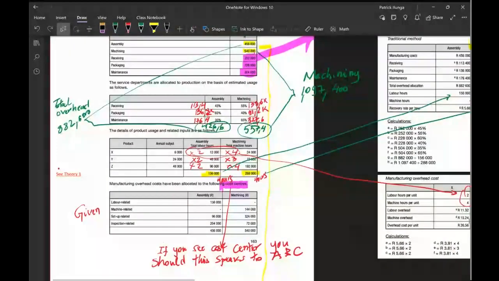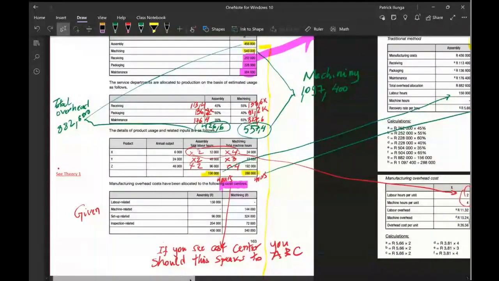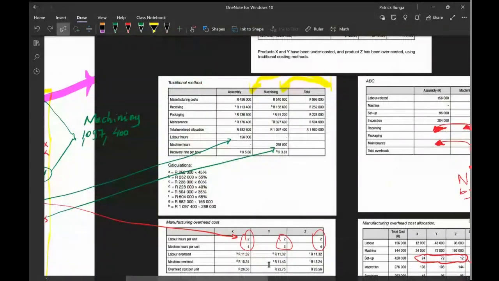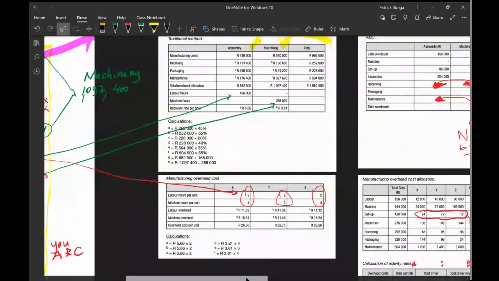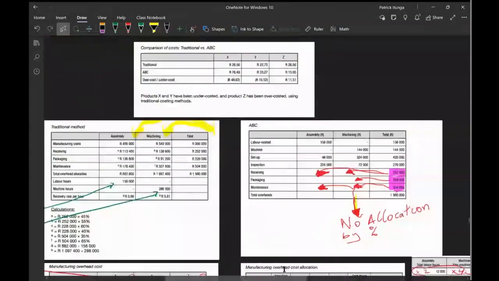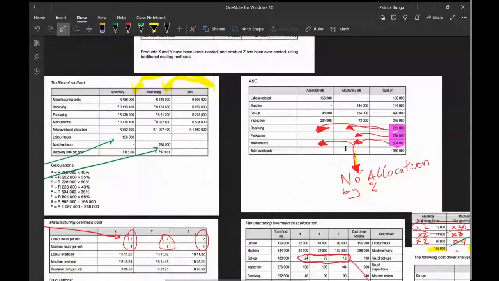I'm providing you again the comparison between the methods, for example, the traditional methods and the ABC. If you want to see as you go through solving it, I am providing you. This, by the way, is part of your theory. It does tell you the difference between the ABC and the traditional method.